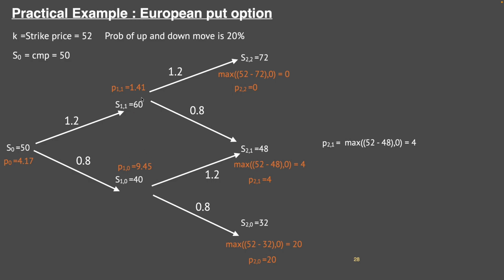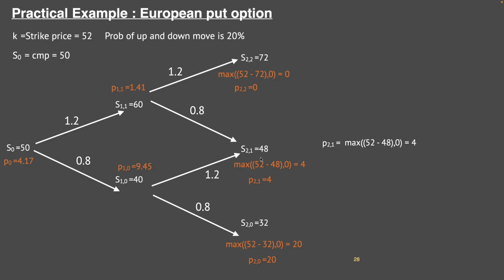Now, if we consider again from this particular node one up move and one down move, that is what the binomial theorem says. So again, we multiply 60 by 1.2 and 60 by 0.8 to get S22 as 72 and S21 as 48. From this node, we have 40. Now this node can move up or come down.